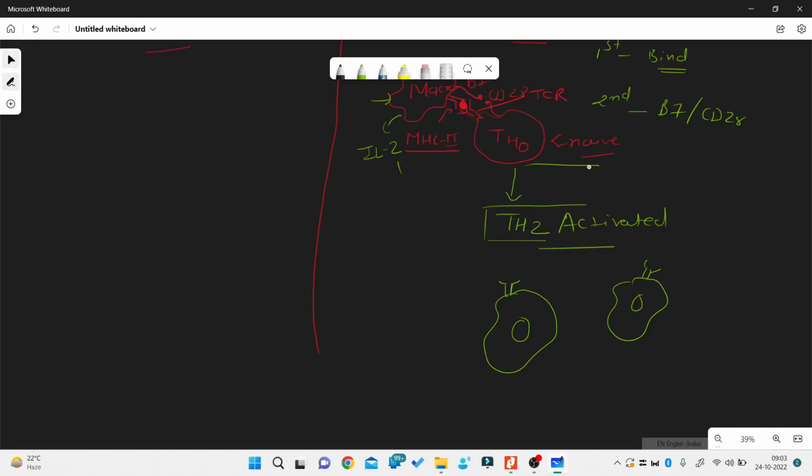So these are activated against this particular antigen. Suppose that is the antigen X, so activated against the X epitope.